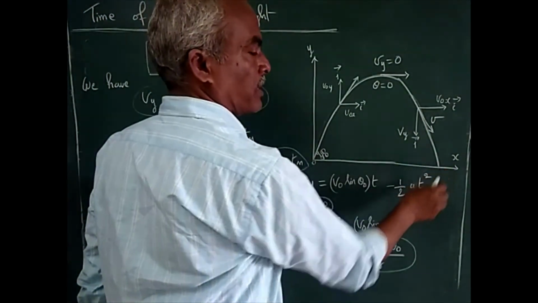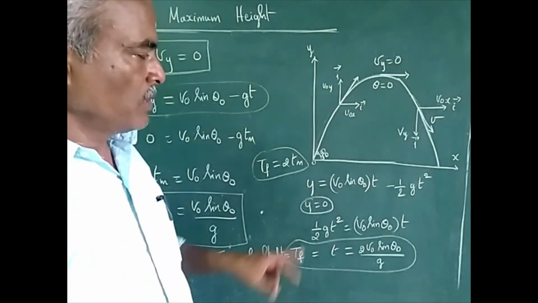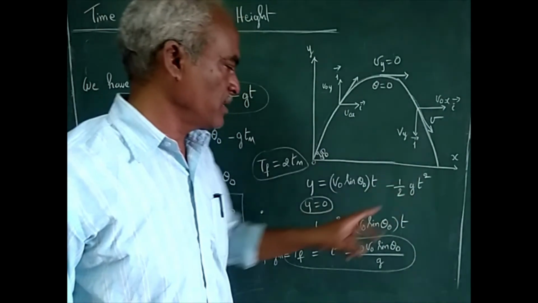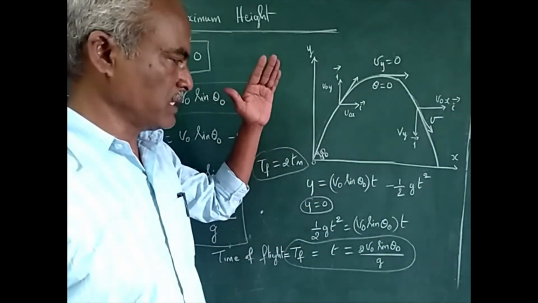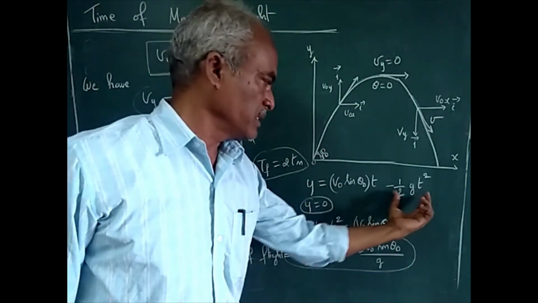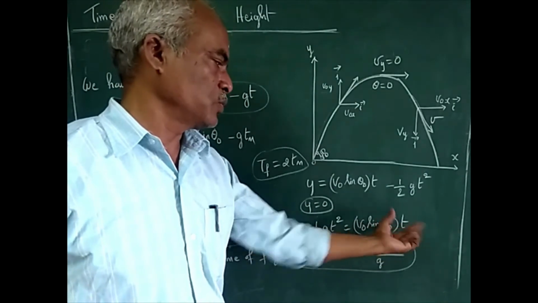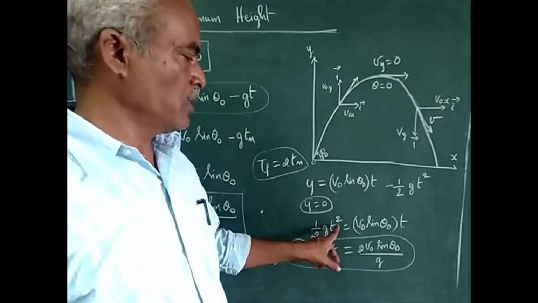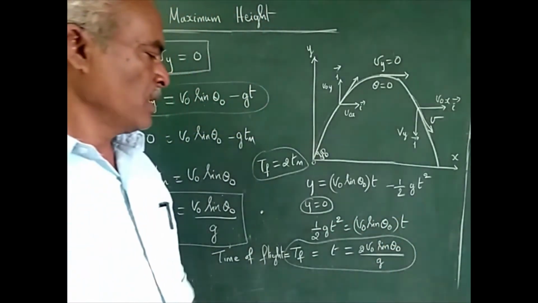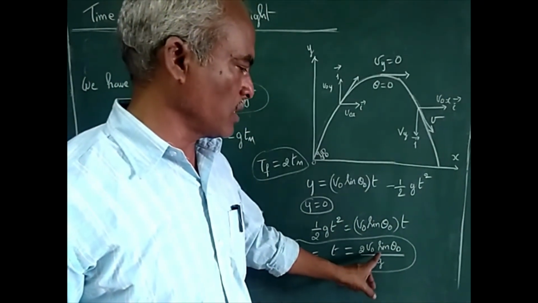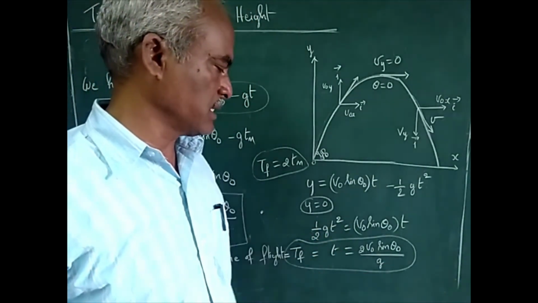At this point the ball has reached the ground, there is no vertical displacement. Therefore at this point y equal to 0, right. So bring this term this side, half g t square is equal to V naught sin theta naught into t. Now here you have 2t, and so 1 t gets cancelled, therefore t is equal to 2 V naught sin theta naught by g, bringing this 2 this side and g the other side.